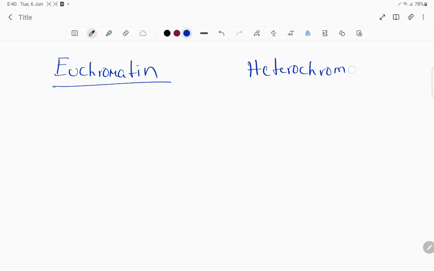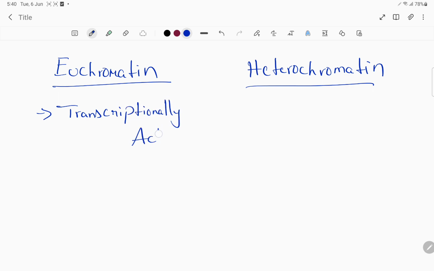In the chromatin also we have two categories, euchromatin and heterochromatin. Euchromatin is transcriptionally active. Heterochromatin is transcriptionally inactive.